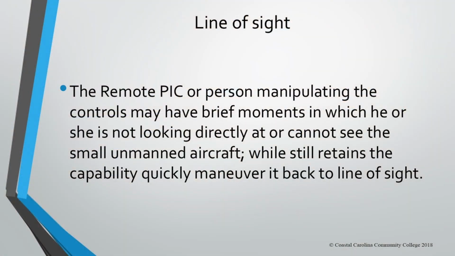The remote pilot in charge, you as a Part 107 pilot, if you are the boss man, that's a PIC or pilot in charge, or person manipulating the controls, that's just someone running the sticks, may have brief moments in which he or she is not looking directly at or cannot see the small unmanned aircraft, but still retains the capability to see it or quickly maneuver it back into the line of sight.